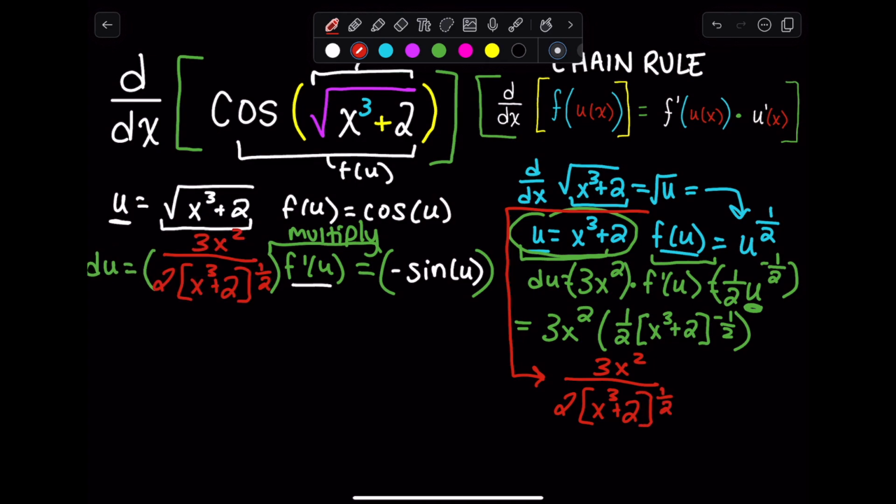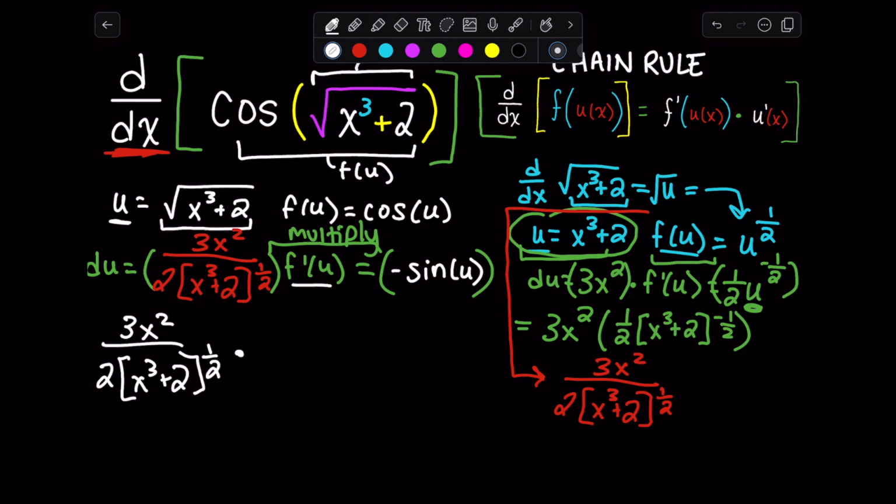So we're now going to plug this in over here and then continue our initial chain rule to obtain this value. So let's multiply the two bottom terms together. 3x squared over 2 times x cubed plus 2 to the power of 1/2 times negative sine of this u.